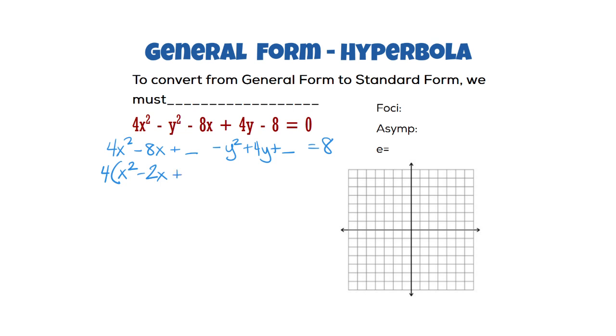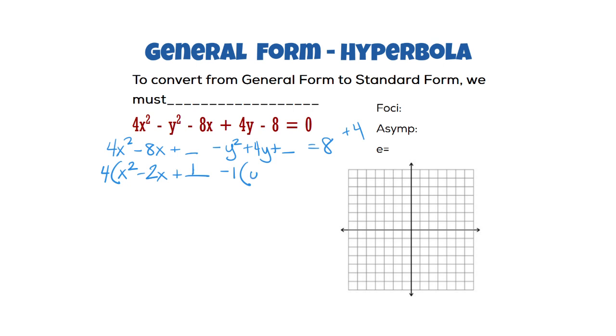And then I'm going to complete the square. Half of 2 is 1. Squared is 1. But when I put that 1 there, I really put a plus 4. So let's put plus 4 on the other side. Now we're going to do this again. This is a -1 ultimately that I have to factor out because I don't want that leading coefficient to be even a negative.